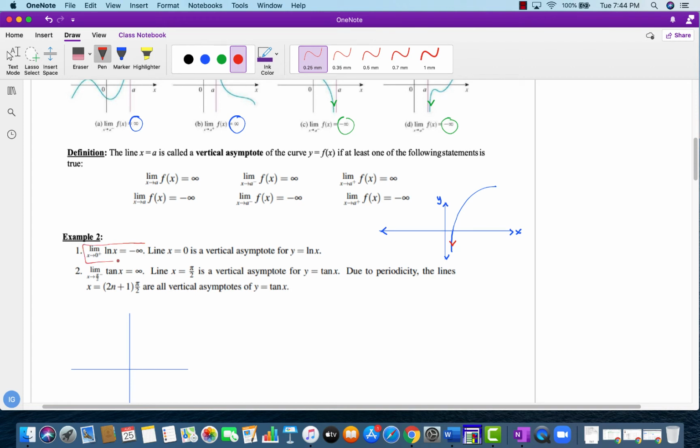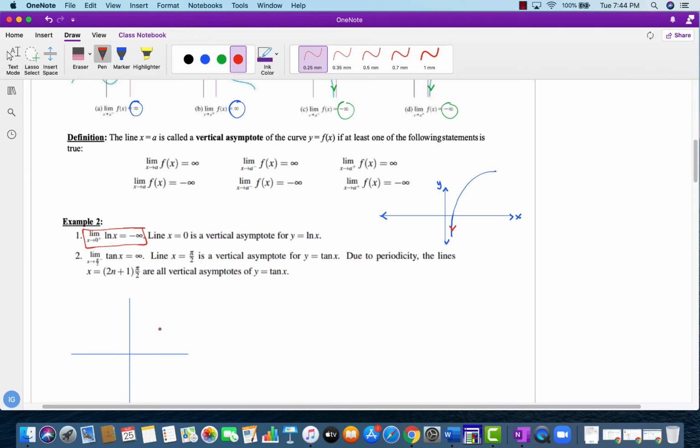So these are just examples. The next one, and I apologize for how small this is, says the limit as x approaches pi over 2 from the negative side of tangent of x is equal to infinity. Here we have to remember that for the graph of tangent, we have some vertical asymptotes. Let me make a picture here.